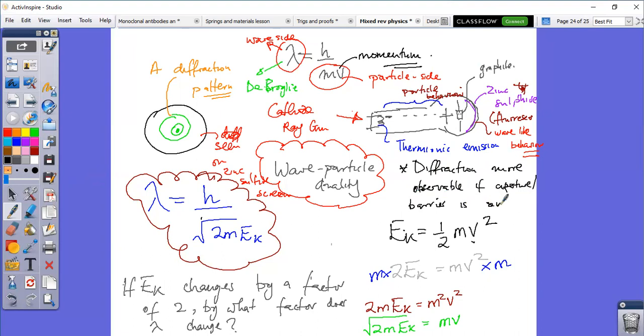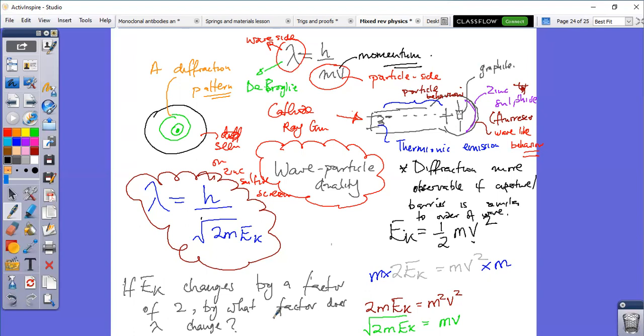I substituted some numbers in. Yep. I had h equals 4, m equals 4, Ek equals 4. I got 2 root 2 over 2. And I had h equals 4, m equals 4, Ek equals 8. And I got a half. So by what factor does lambda change?